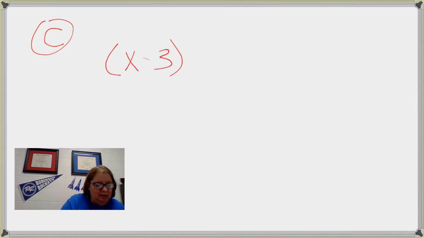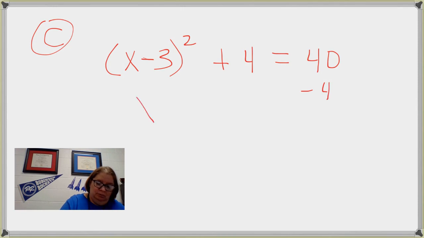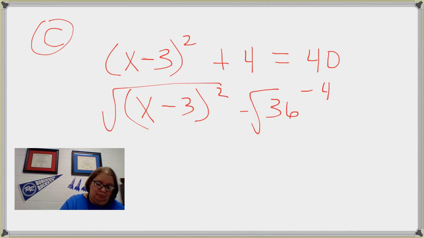Okay, let's look at letter C. Letter C is x minus 3 squared plus 4 equals 40. Subtract the 4. Take the square root. That's an equal sign there. x minus 3 equals plus or minus 6.